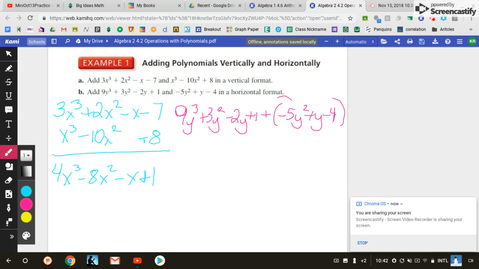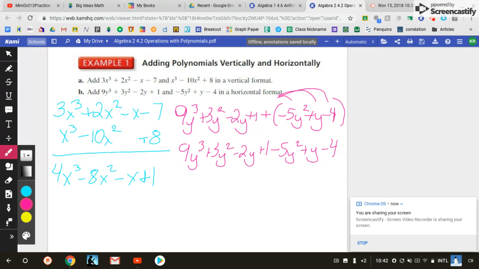And you need to distribute that positive 1 to everything inside. But when you multiply by 1, nothing changes. So I can just drop my parentheses, and I'll have 9y cubed plus 3y squared minus 2y plus 1 minus 5y squared plus y minus 4.